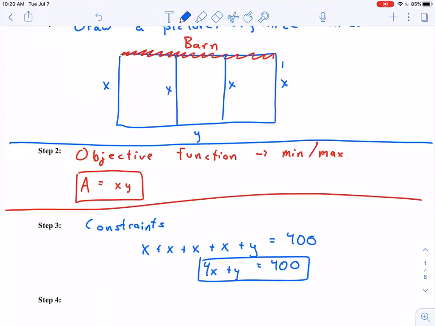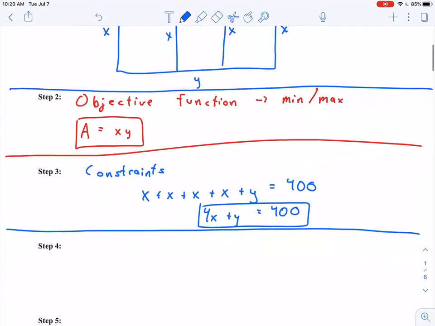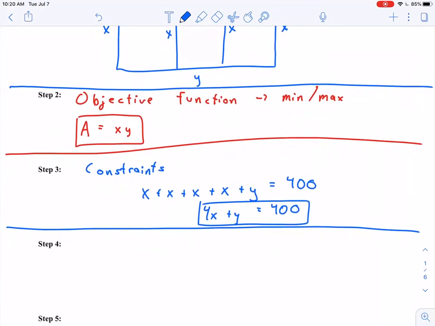And okay, there's my constraint function. I want to use that now to help me simplify your objective function. So in step 4, I am going to say use constraints.